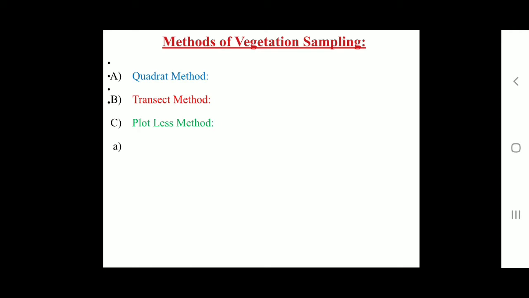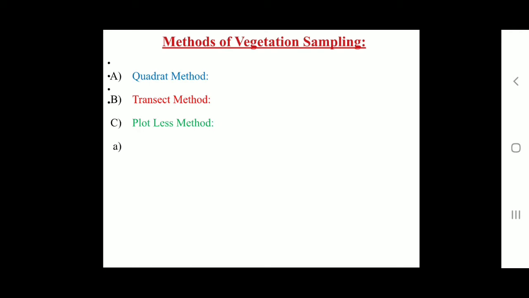There are several approaches for vegetation sampling. They could be completely subjective, completely objective, or a combination of regular and random sampling. The most commonly used approach is stratified random sampling. Then, methods of vegetation sampling.